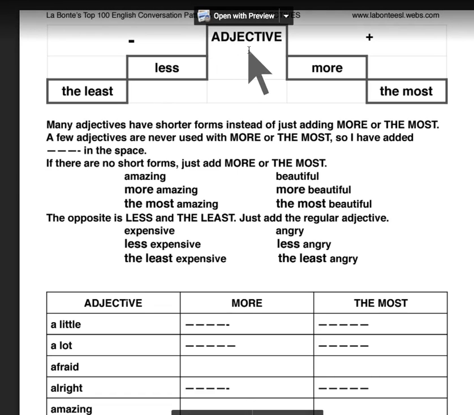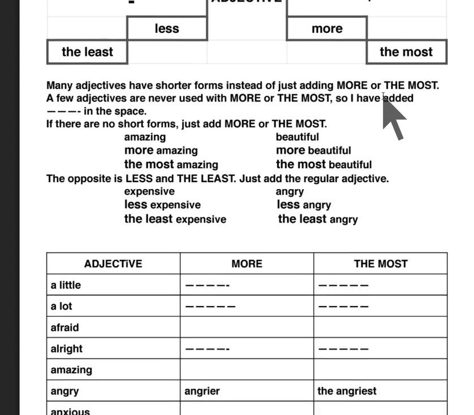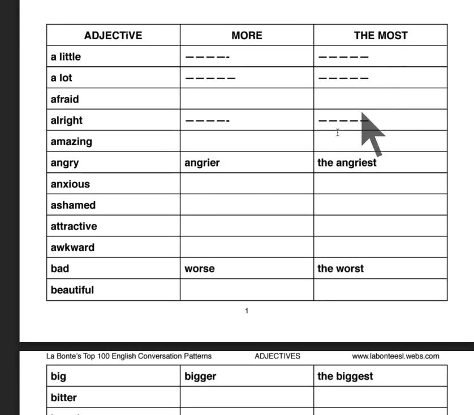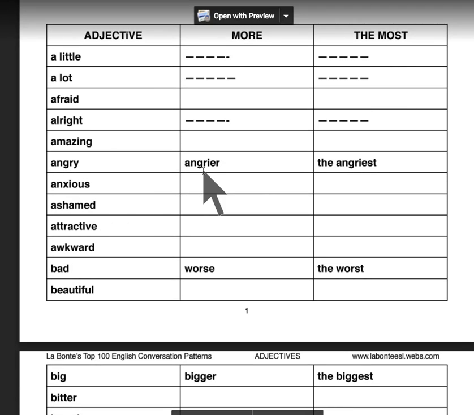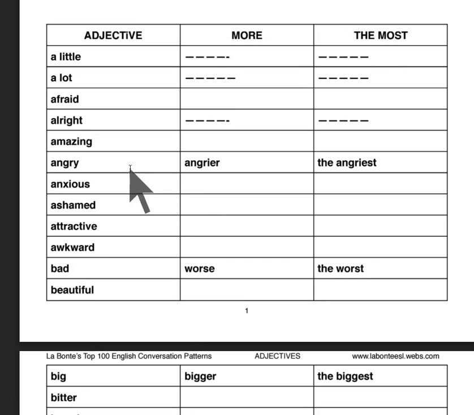So with the adjective, you have expensive, more expensive, the most expensive. However, with some adjectives, there is a shorter form. She was angriest. She was the angriest. I've left it blank here if there's no change.